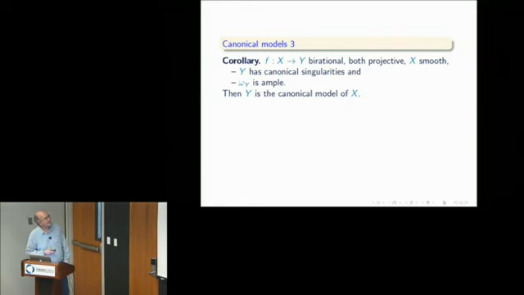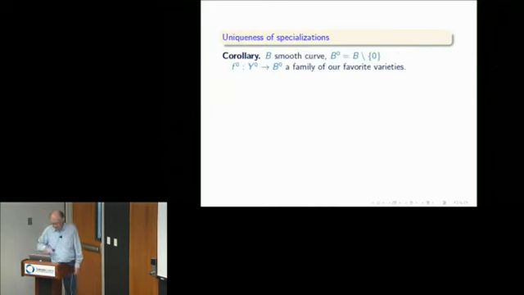And then, in fact, if you write down any smooth variety x that's birational to y, then y ends up being the canonical model of x as we defined earlier. So there is an internal definition of the object whose moduli space we would like to get. There's a local condition that they should have canonical singularities, and there is a global condition that this omega y should be ample.